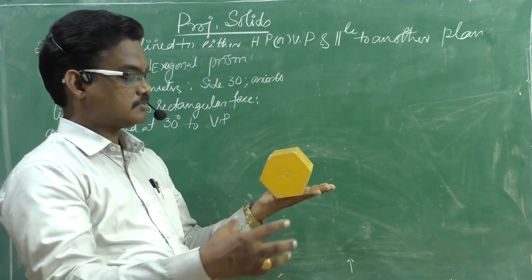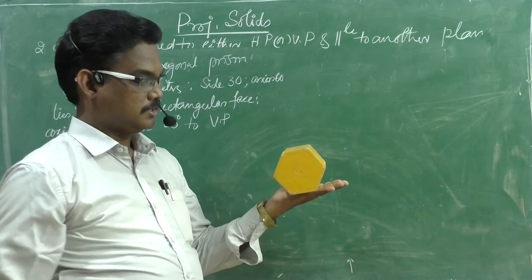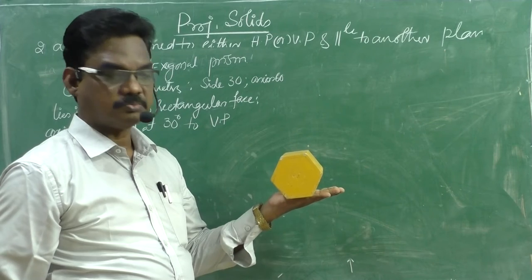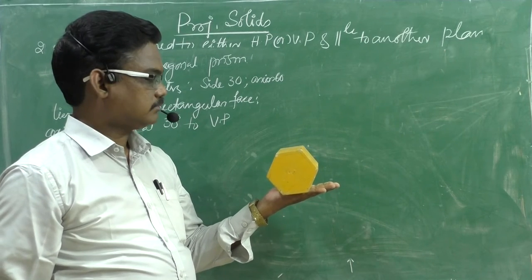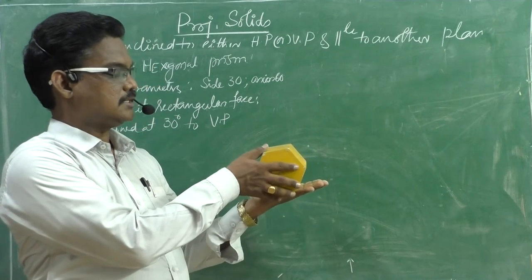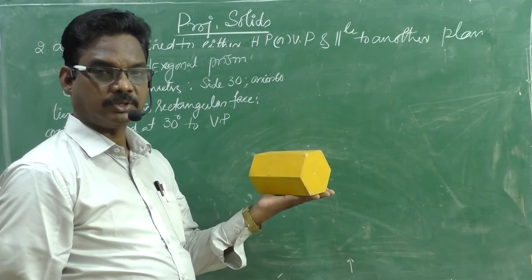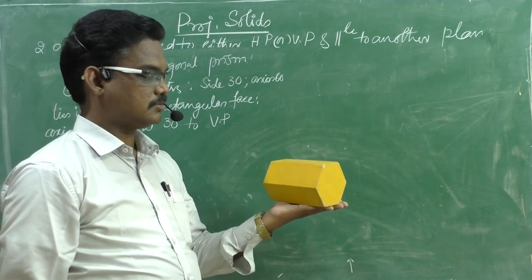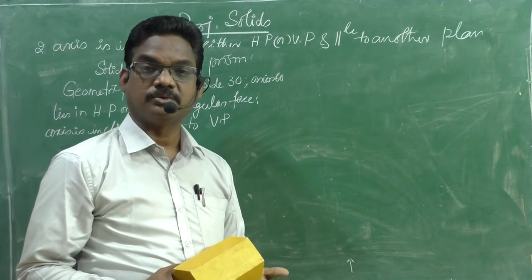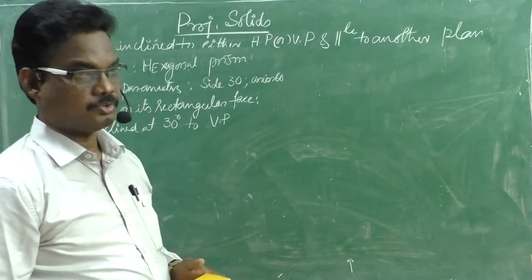First we need to draw the front view in this simple position. After that, you can consider the axis inclination in the top view. After that, project it. It will give the respective front and top views, right?